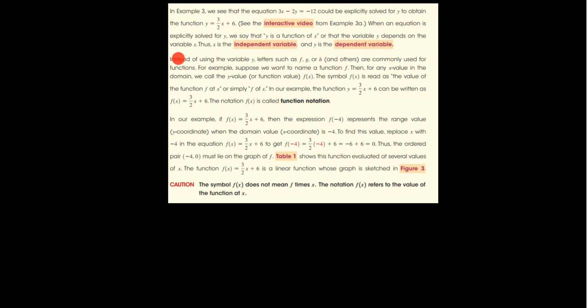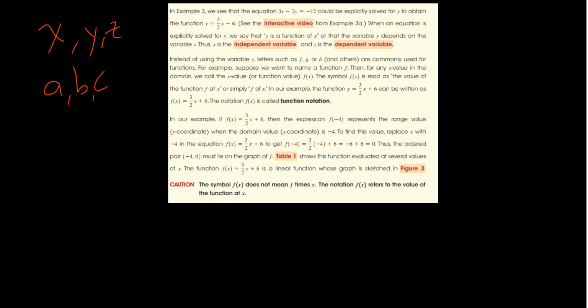So instead of using the variable y, letters such as F, G, or H, and others. This whole paragraph is trying to say that up until now, whenever we choose a variable, the most common variable we choose is x, right? And some other variables we choose are y, z, a, b, c, so on and so forth.